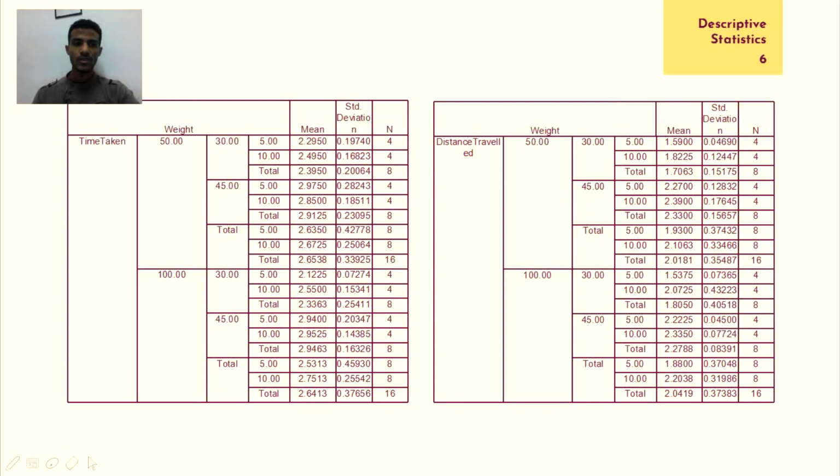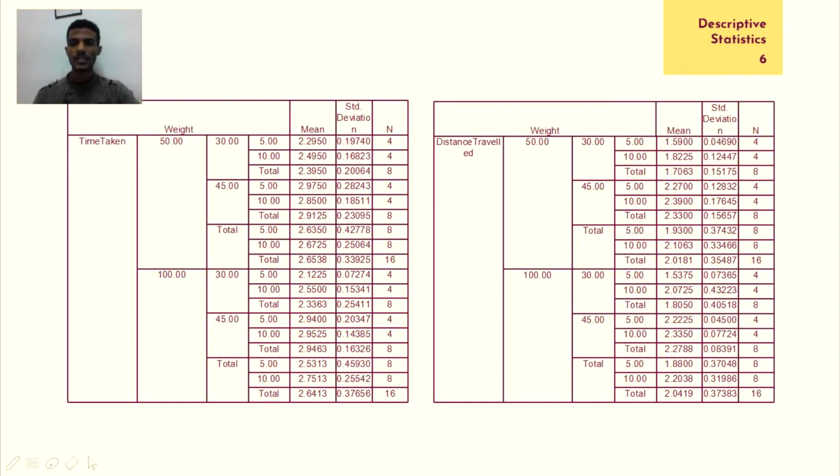For the time taken, we have both weights, 50 grams and 100 grams. The other table describing the distance traveled also has both weights, 50 grams and 100 grams, with the same parameters.